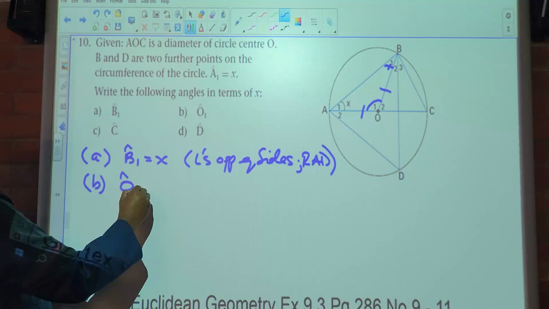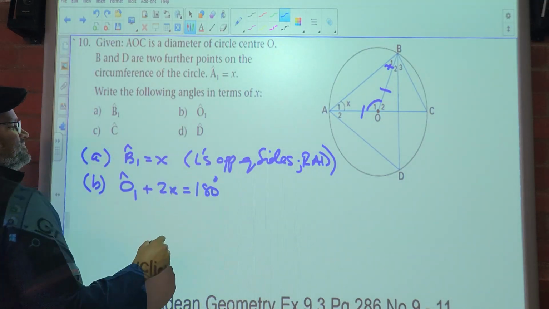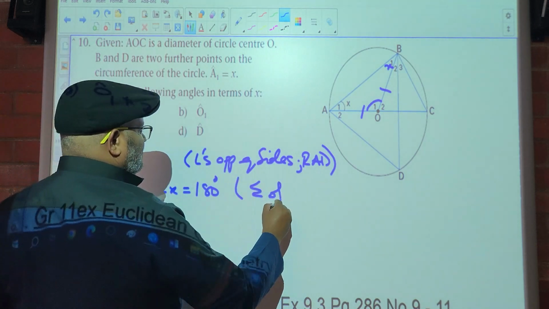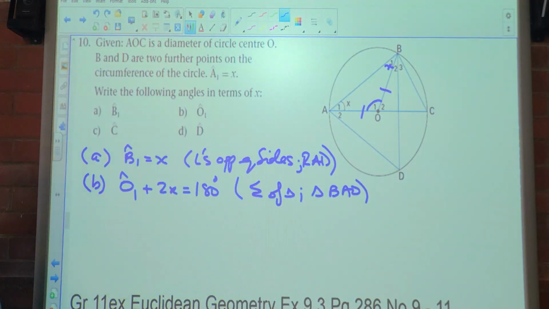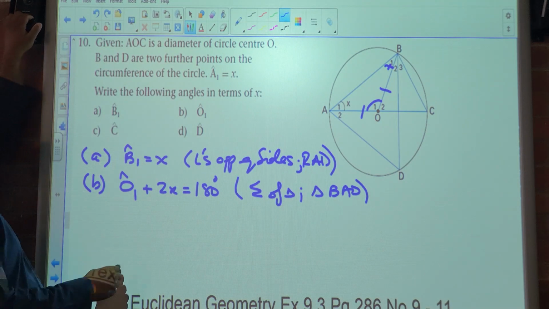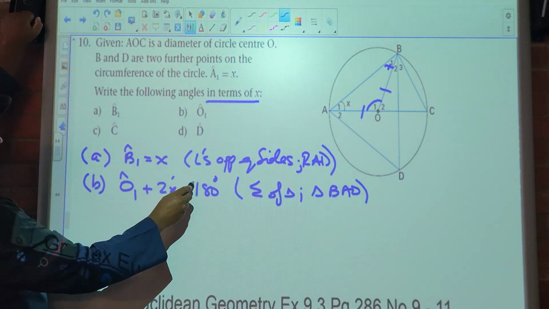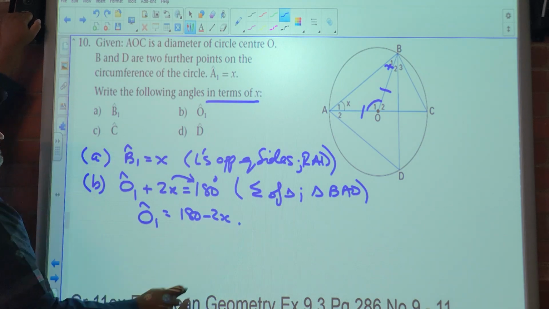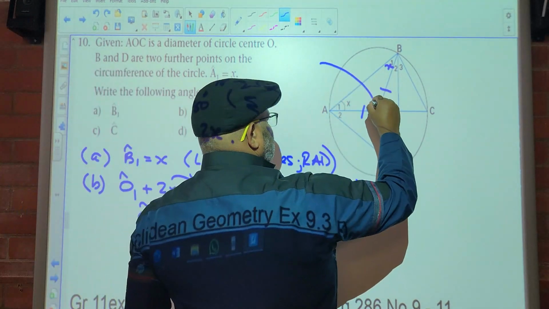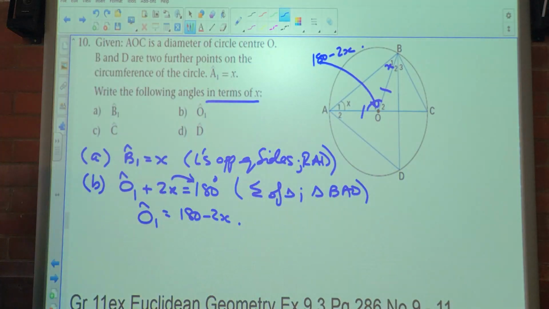So angle O1 plus 2x is equal to 180, sum of angles of a triangle, and it's triangle BOA. Not so. Remember, they wanted it in terms of x, so we take it over the equal sign. So angle O1 is equal to 180 minus 2x.